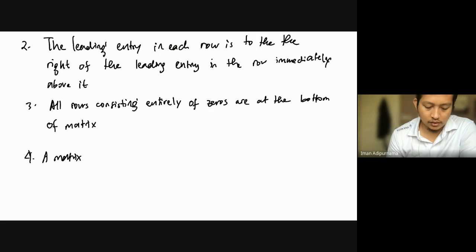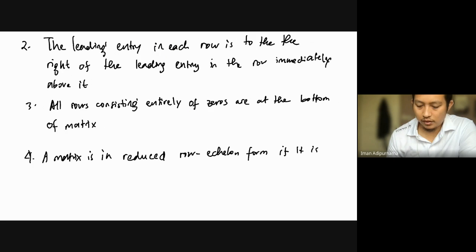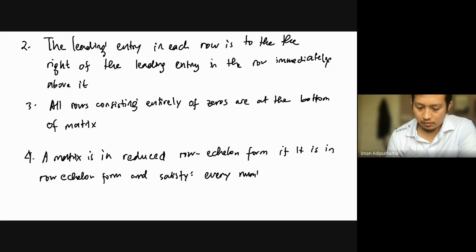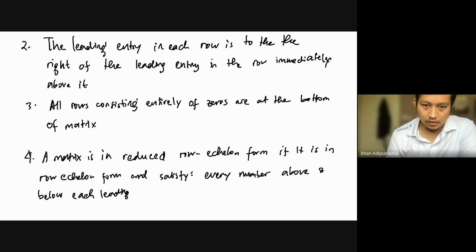A matrix is in reduced row echelon form if it is in row echelon form and satisfies that every number above and below each leading entry is 0.